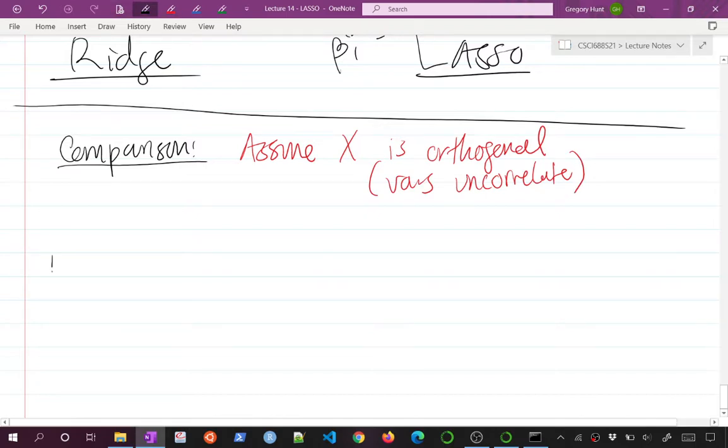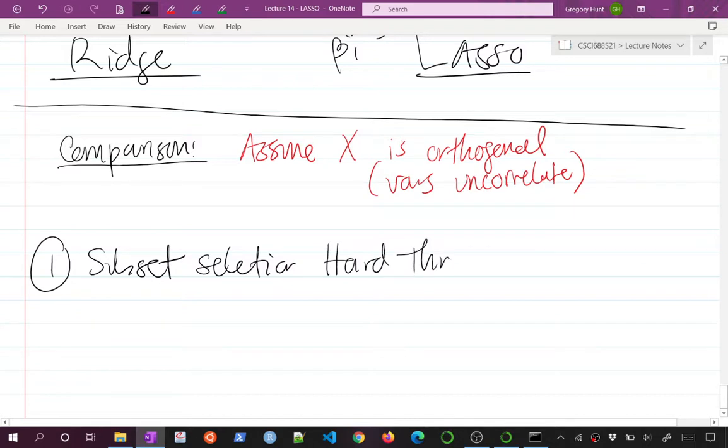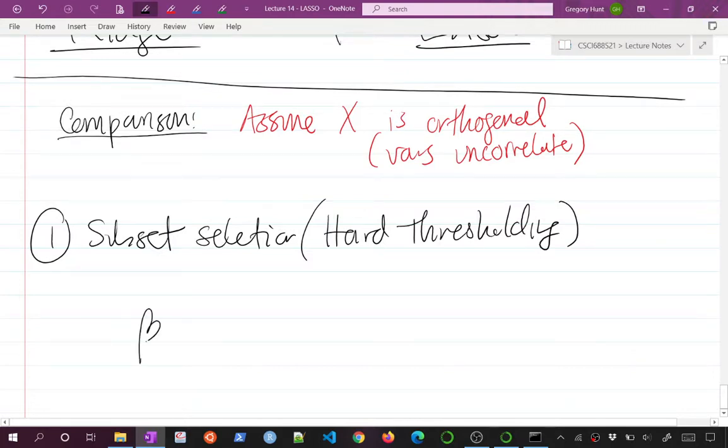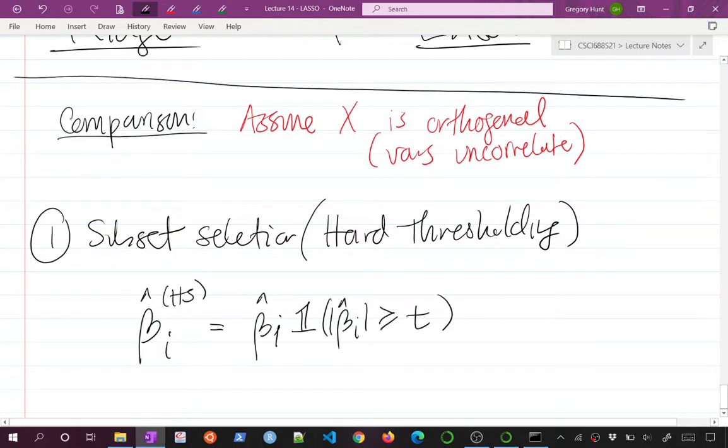I could do just a subset selection. We talked about this in last lecture with hard thresholding. Where basically I would say beta hat of my selected, let's call it HS for hard thresholding, the ith component of beta hat is going to just be the ith component of beta hat if the absolute value of this thing is large enough, bigger than my threshold.